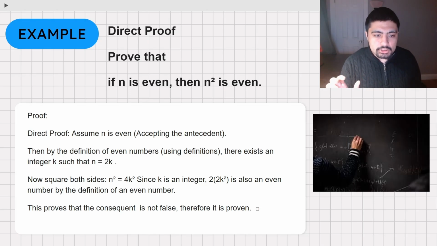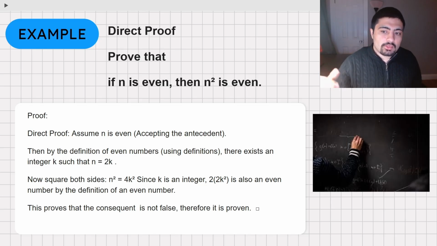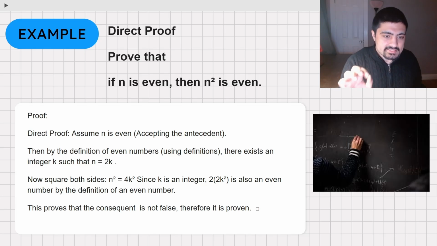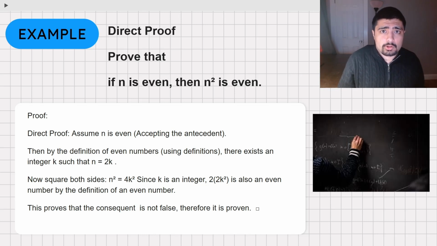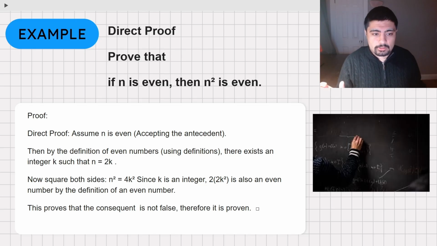So by the definition of even numbers, there exists an integer k such that n is 2k. Well, that is true. That's what even numbers mean. If n is an even number, then it is divisible by 2. So k being an integer multiplied by 2 means that n is divisible by 2. That's what we have in our hands right now.